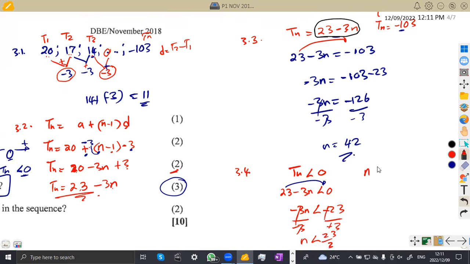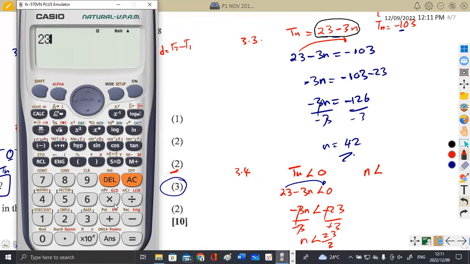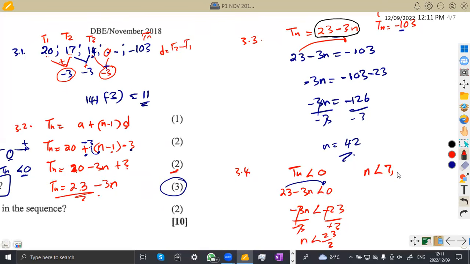So let's see in terms of the number so that we can compare. 23 divided by 3 is the same as 7.666 and so on. Sorry, guys, I hope someone actually saw this.